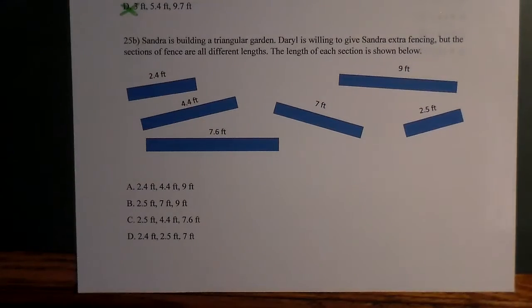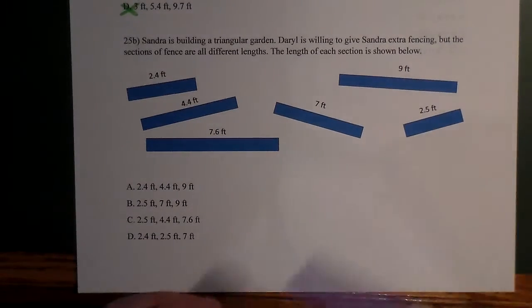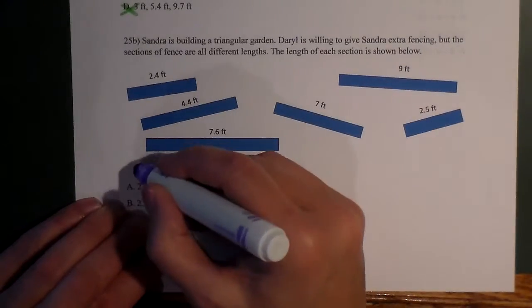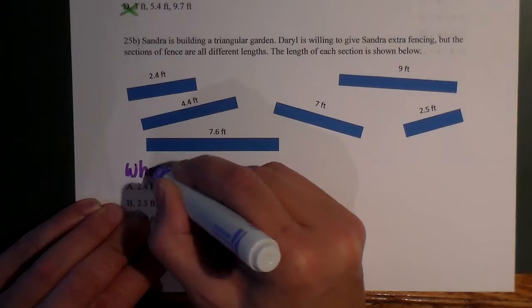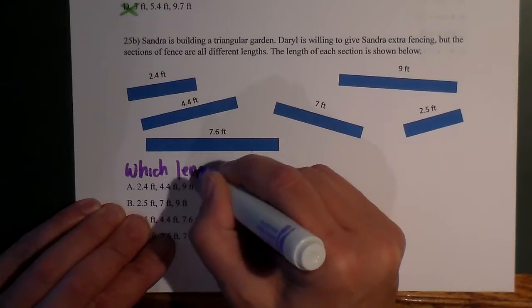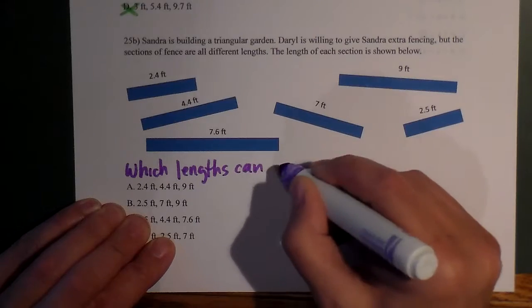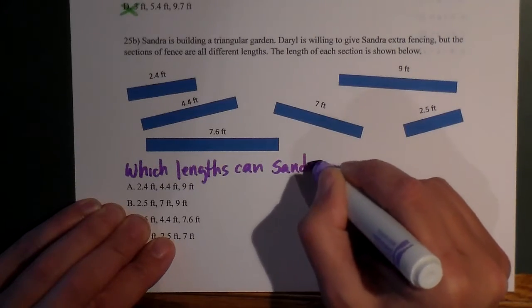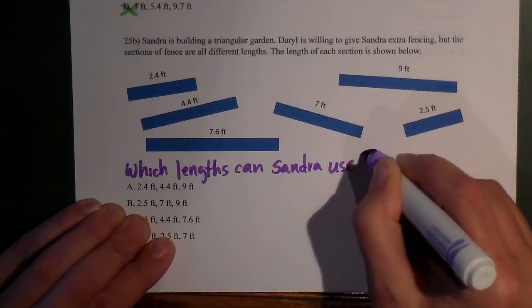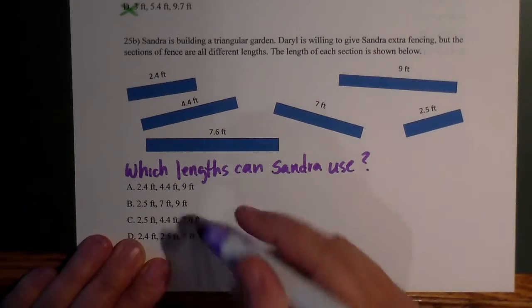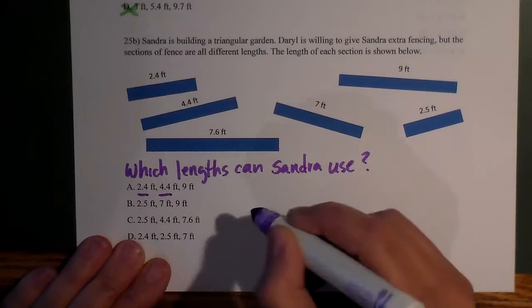You're looking at the same idea. So now, same thing. So which lengths can Sandra use? And apologies for not having the questions show up. So which lengths can Sandra use? Well, again, you take the two small sides.